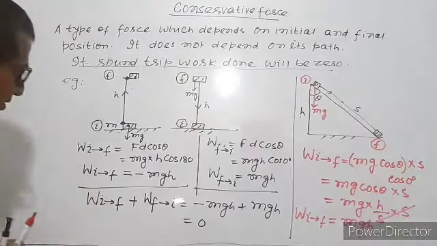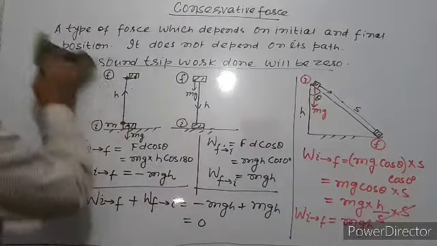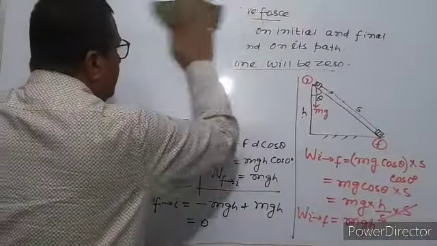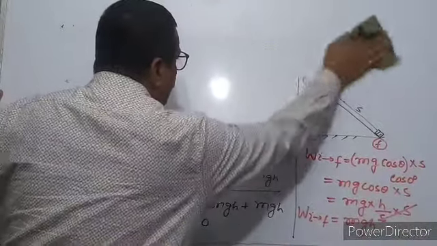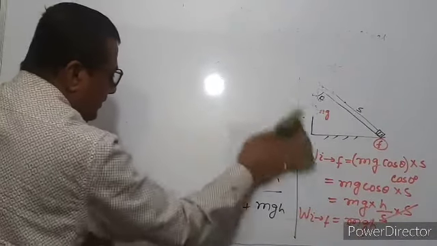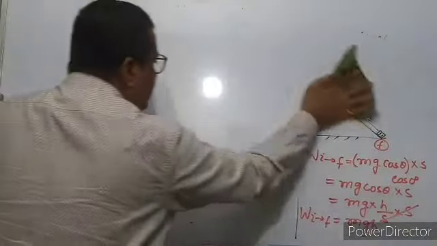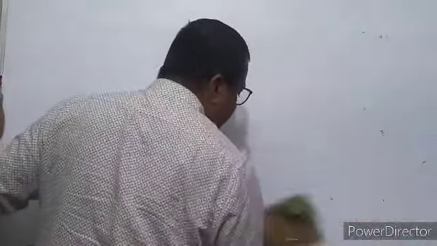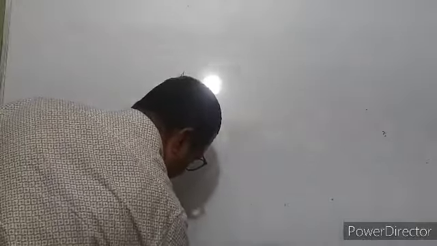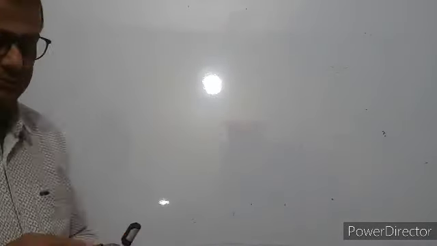And the second one is non-conservative force, just opposite to this one. If the force does not depend on initial and final position, but depends on path, it is called non-conservative force, and work done in a round trip cannot be 0.